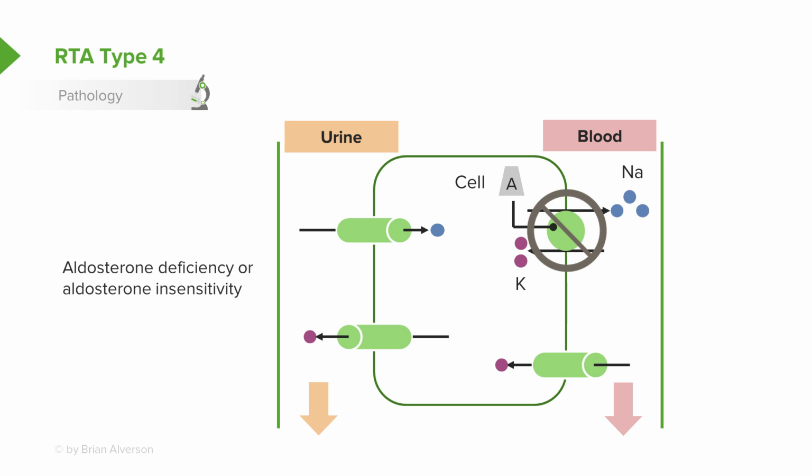So in type 4 RTA, this counter-exchange mechanism is not working correctly. Normally, this would hold onto sodium and spit out potassium. Now patients are failing to hold onto sodium, they will lose their sodium, and they are incapable of spitting out their potassium, so the potassium levels go up.